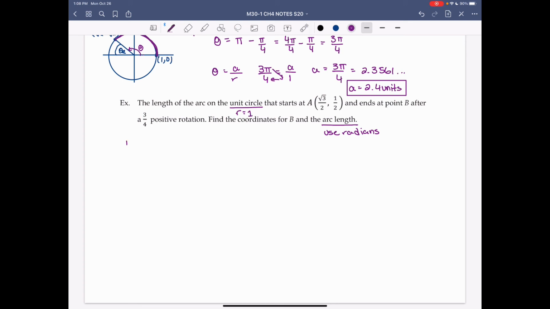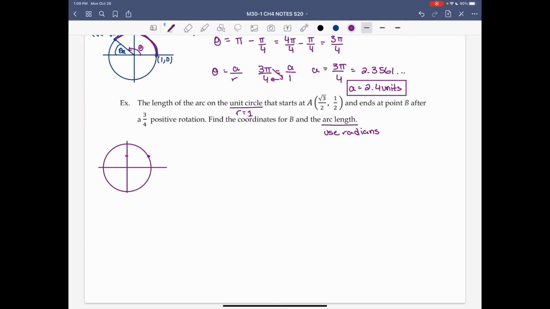I can start a diagram. If the point A is at root 3 over 2 and 1/2, they're both positive, so it's in quadrant 1, and Y is 1/2. So if I go straight across from 1/2, because I know if I go to the edge of the circle on any axis, then that's 1 unit.